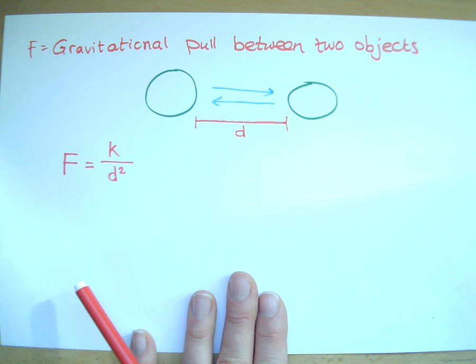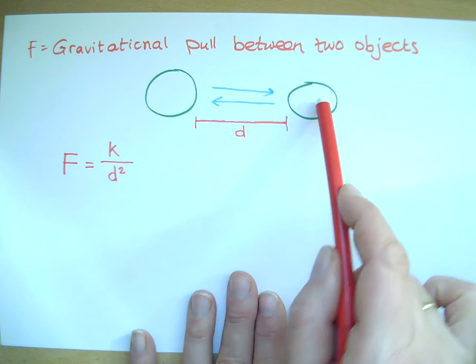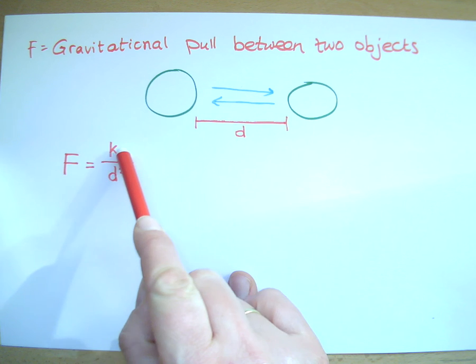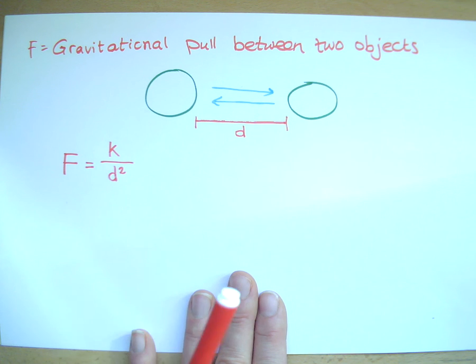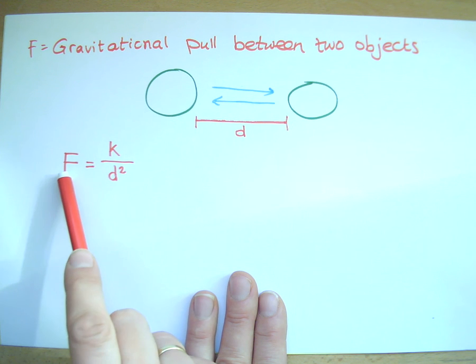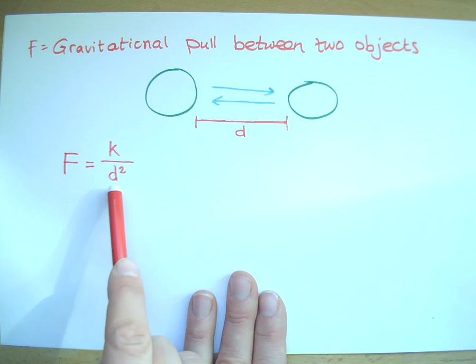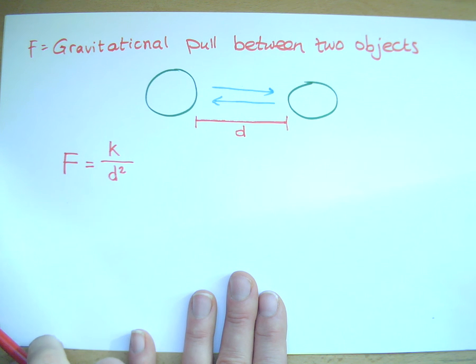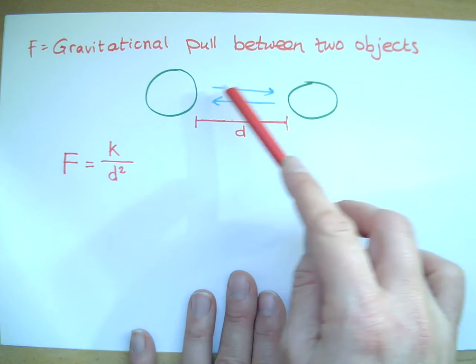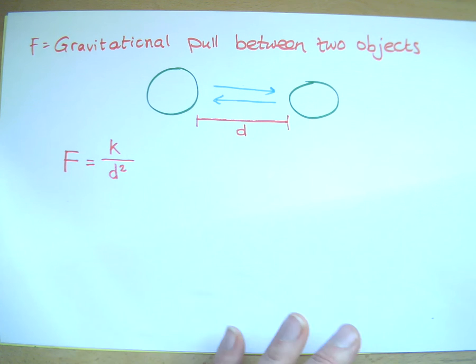But if we know the masses of the two objects, we know our constant, and then we can figure out the gravitational pull between the objects depending on the distance between them, which is pretty cool.